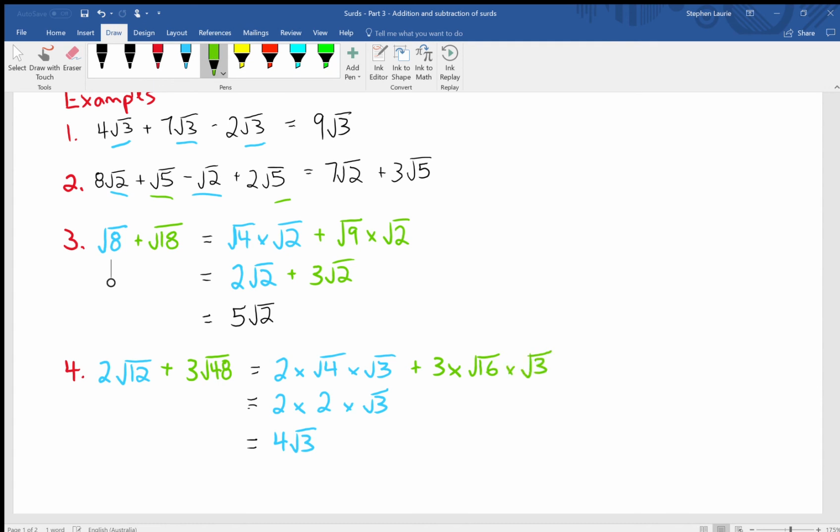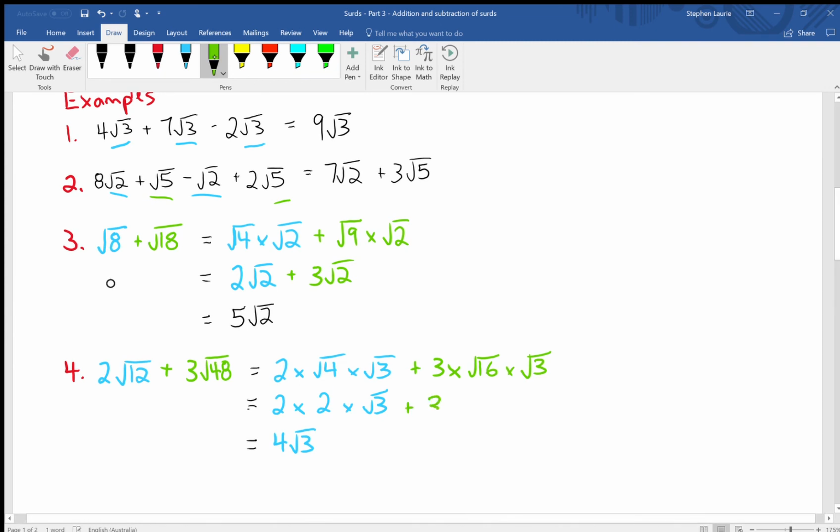If you thought it was 4, that's okay. You'll just find that you can simplify even further a bit later on. So always try to get the highest square number where possible. Square root of 16 is 4, square root of 3 we can't simplify, and 3 times 4 is 12. So 3 root 48 simplifies down to 12 root 3.